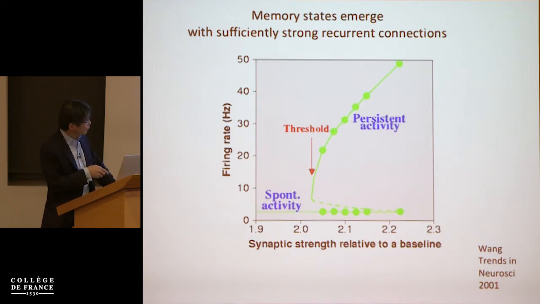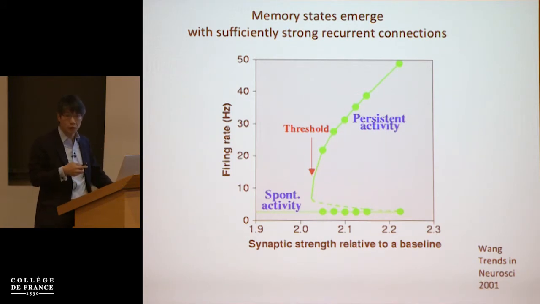Let me give you an example from the local circuit modeling I talked about previously. Remember, when I talked about the local circuit model, I talked about the strength of recurrent excitation. If the strength of recurrent excitation is too weak, then you don't have self-sustained persistent activity. But if you just change this parameter above some threshold, you have the emergence of persistent activity patterns.